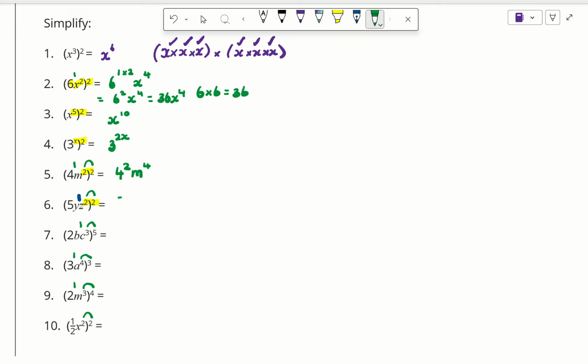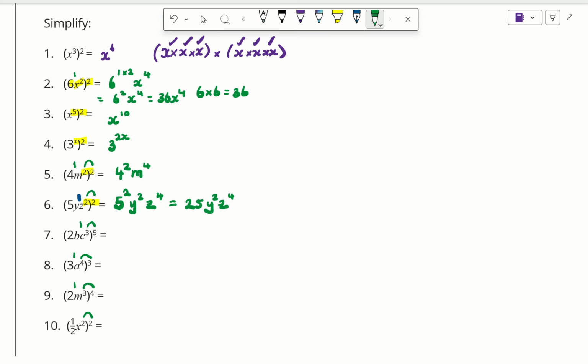So again, we've got to multiply that number to the power of 2. y to the power of 1 times 2 is 2. And z to the power of 2 times 2 is z to the power of 4. But of course, we can work out what 5 squared is. 5 squared is 5 times 5, which is 25. y to the power of 2, z to the power of 4.